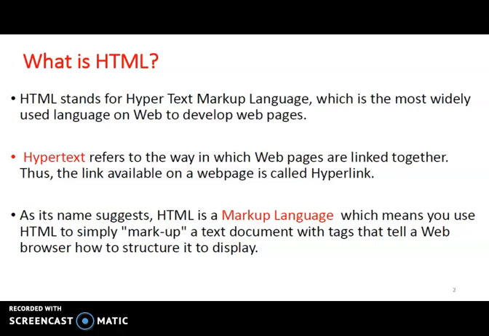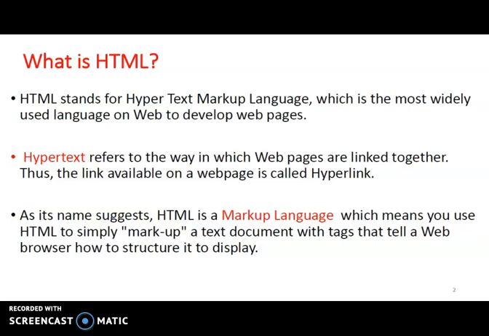Okay. Now the next term is markup. What is the meaning of markup? HTML is also called a markup language. Means what? A markup language is represented by a tag based language. In C or C++, we use #include stdio.h or conio.h, which are header files.